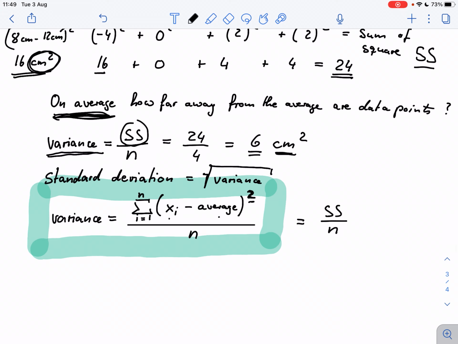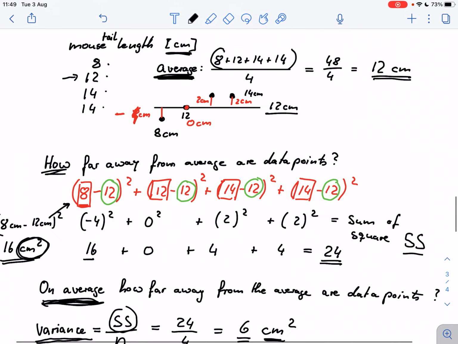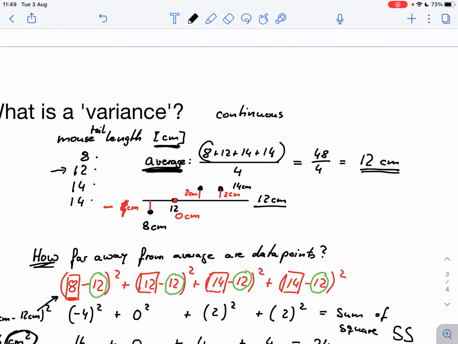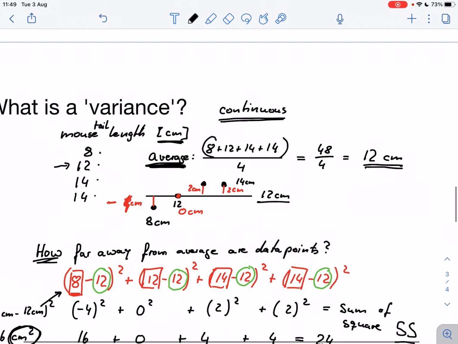And we can do a lot of work with these variances. Now I need to point out that this is really applicable to continuous data like we've got here. The variance for, let's say, count data or a proportion is calculated in a different way, but we will discuss that in a later video.